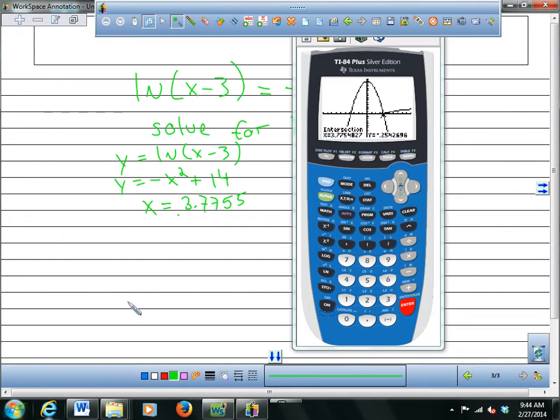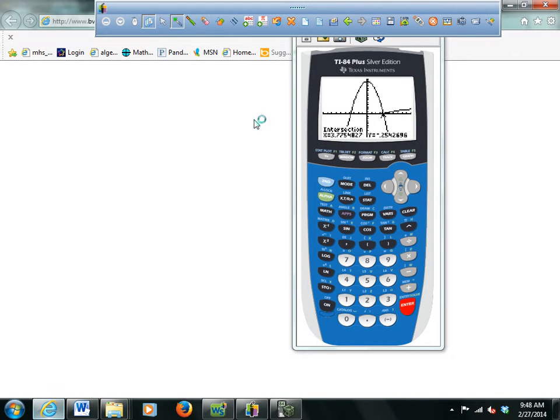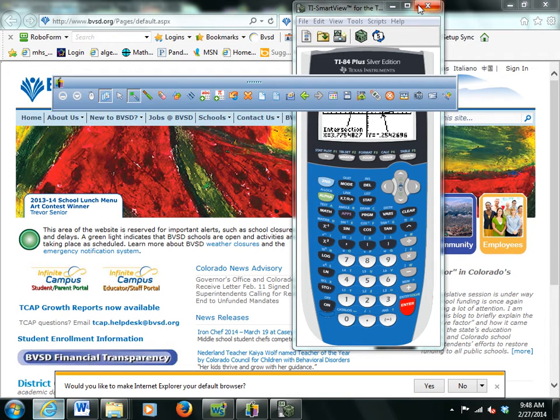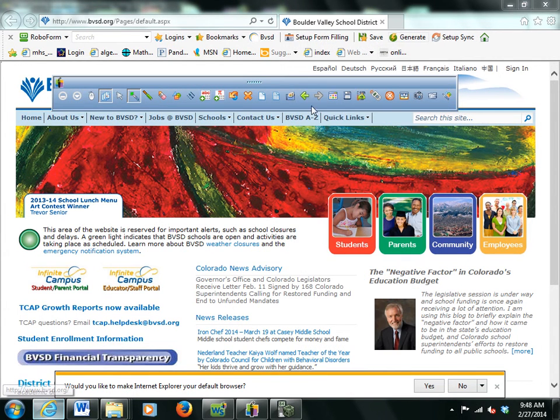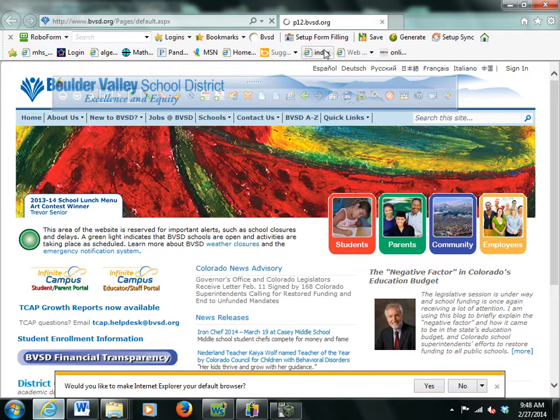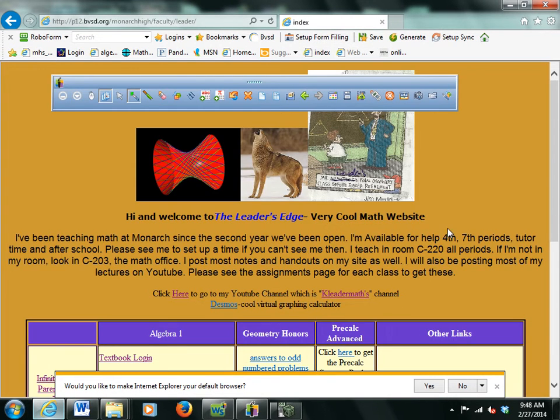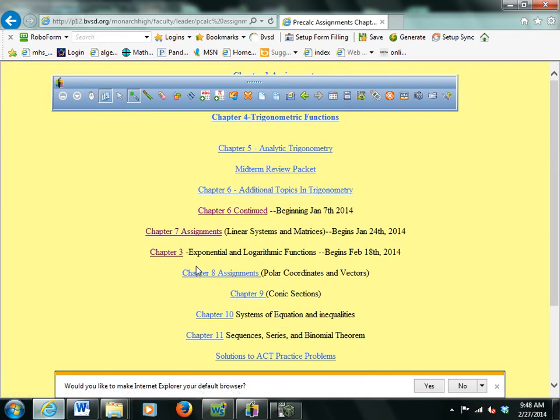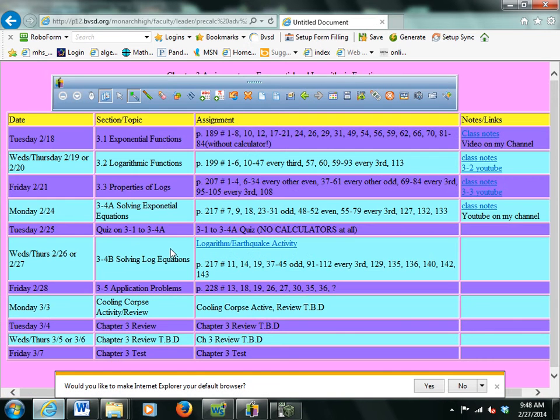Homework. Let's see that homework. But I don't want you to start on the homework yet because I want to give you this logarithm activity, okay, which is kind of easy. Pre-calc, Chapter 3.